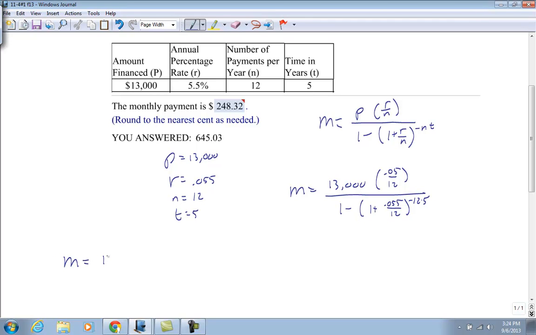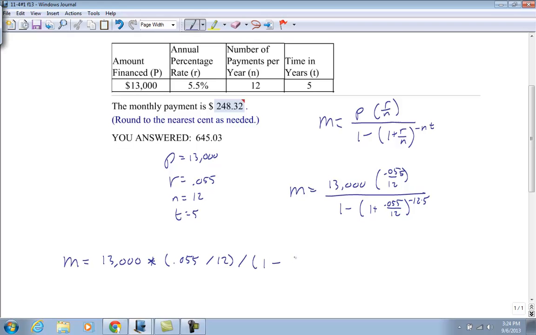M equals 13,000 times parenthesis 0.055. I forgot a 5 on this, didn't I? Divided by 12, close that parenthesis, then divided by. Since everything's multiplied on top, we don't need parentheses.